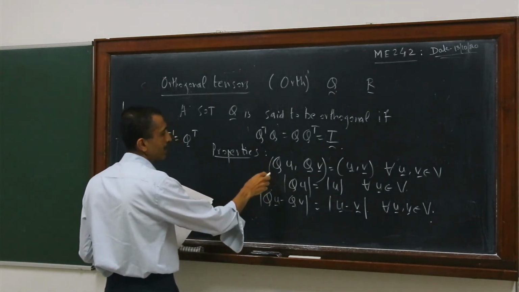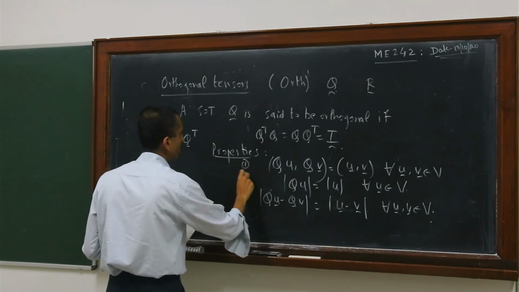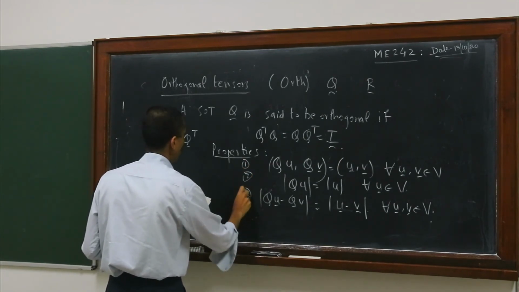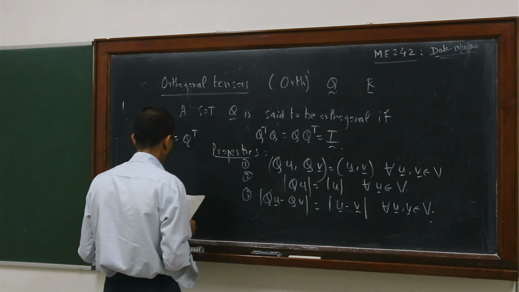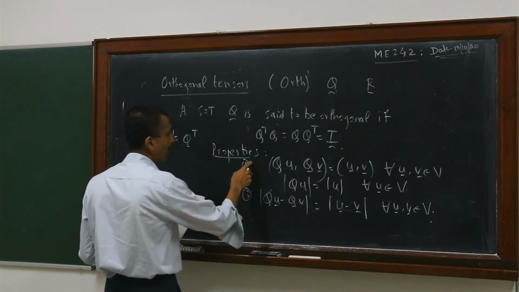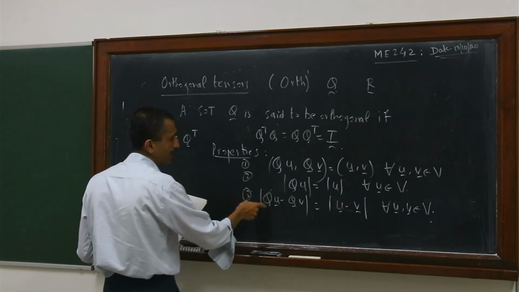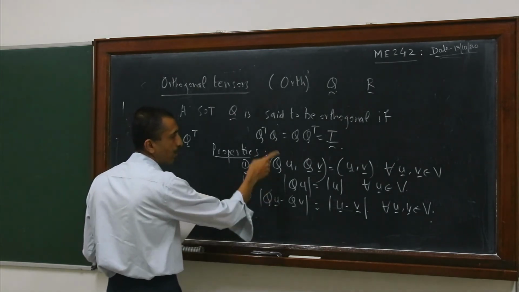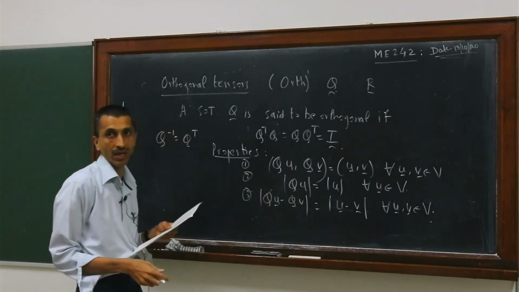Let me number them 1, 2, 3. Basically, 1 implies 2, 2 implies 3, 3 implies 1. So all these properties are completely equivalent to each other.